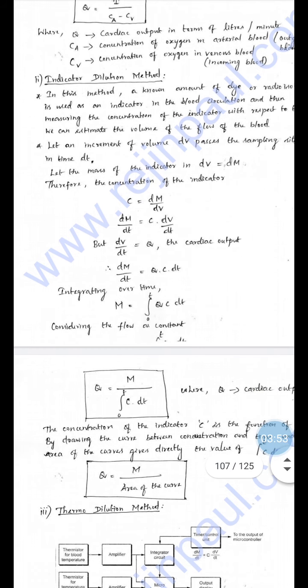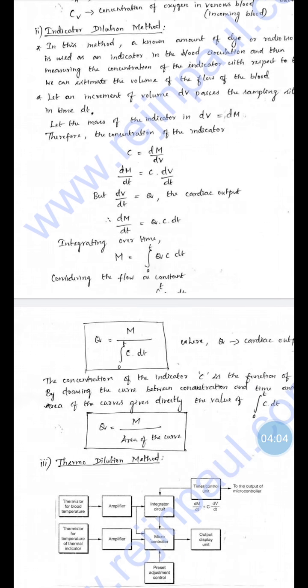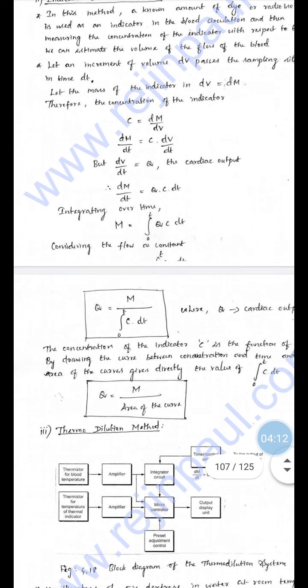Therefore, the concentration of the indicator is given by C equal to dm by dV. So dm by dt will be equal to C into dV by dt. We already know that dV by dt is equal to Q, where Q is the cardiac output. Substituting it, we obtain dm by dt equal to QC.